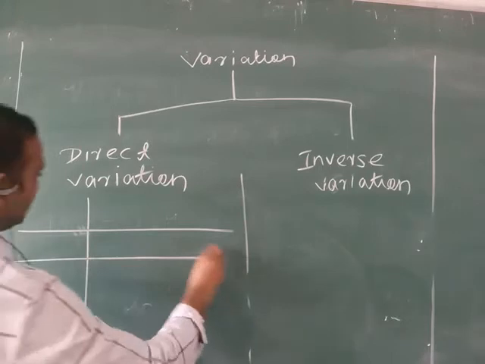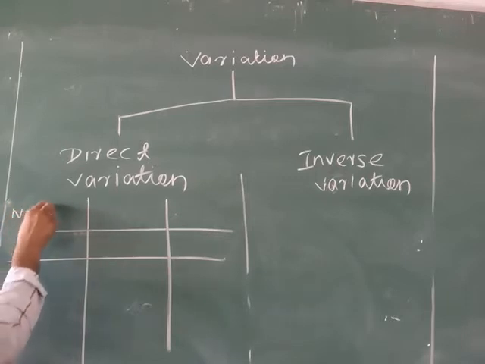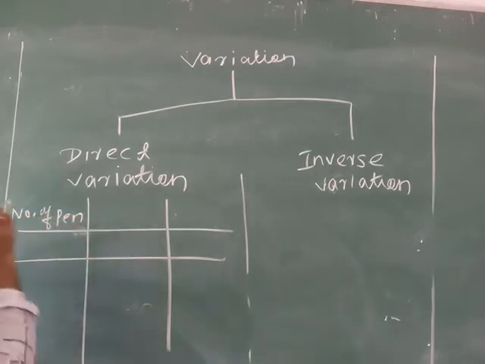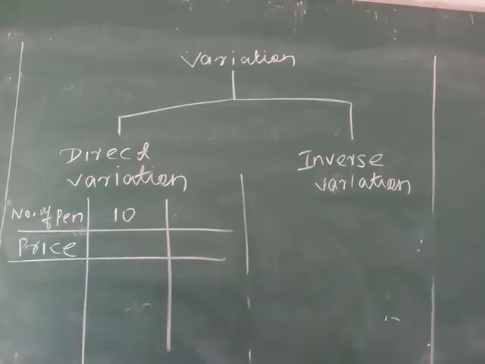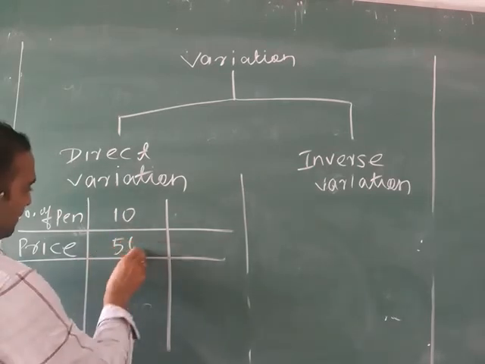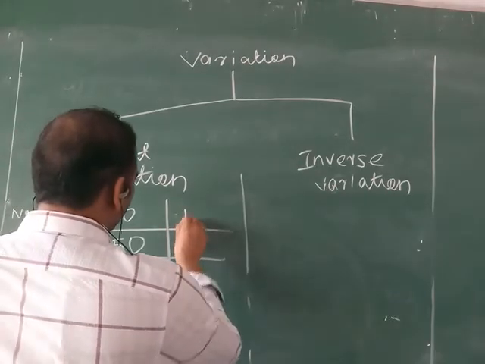We have two quantities, like number of pens and price. If I purchase 10 pens at rupees 50, then what will be the price of 15 pens?